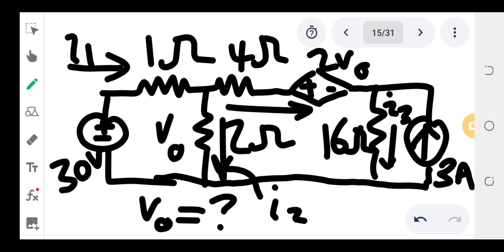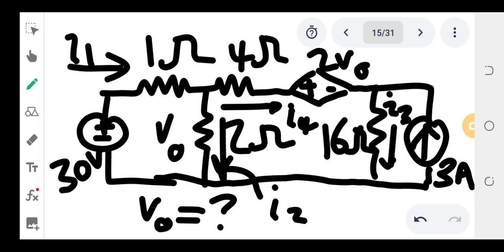Even here I'm assigning the current, so this current will be I4. So that's the value of the current there.